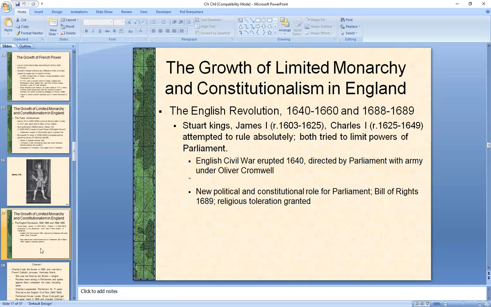So in terms of the English Revolution from 1640 to 60, and then again 1688 to 1689, we have Stuart kings, James I and Charles I. Both attempted to rule absolutely, and both wanted to limit the powers of Parliament. But the English Civil War erupted in 1640, directed by Parliament with the army under Oliver Cromwell.